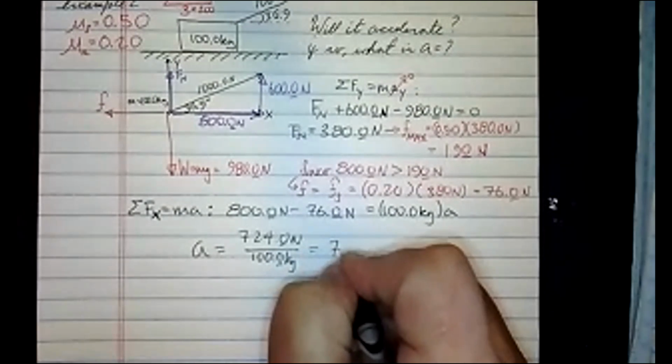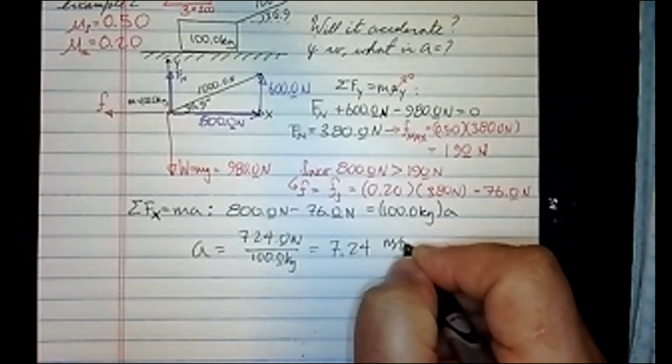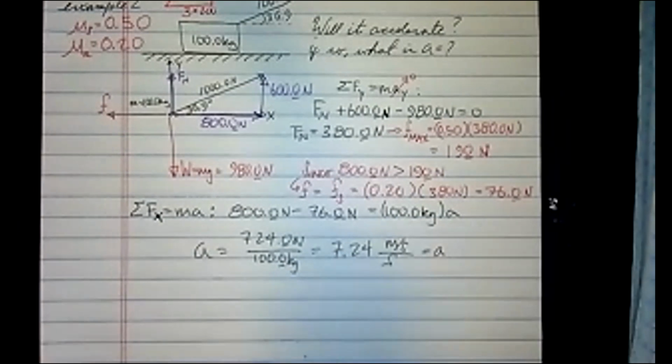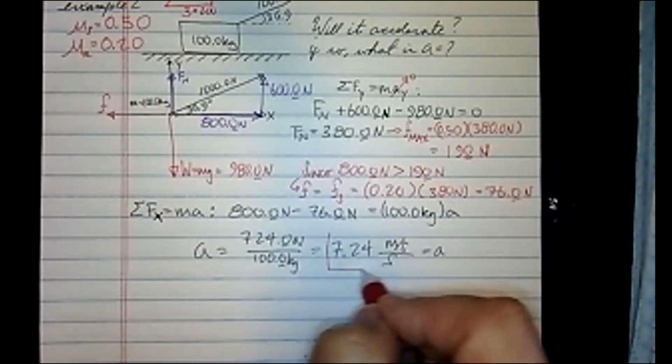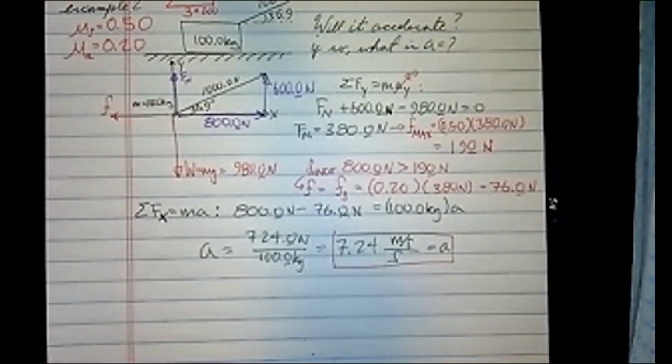So I get 7.24 meters per second squared. That is the acceleration. And I could put a 0 after that as my extra digit if I wanted. It's not a significant digit, but you just know that doing the calculation, if you needed this number somewhere else, you just use 7.240. That's the whole reason I carry that extra digit.